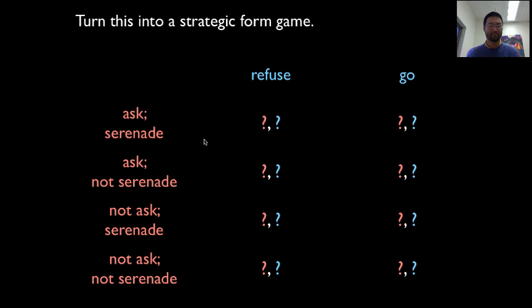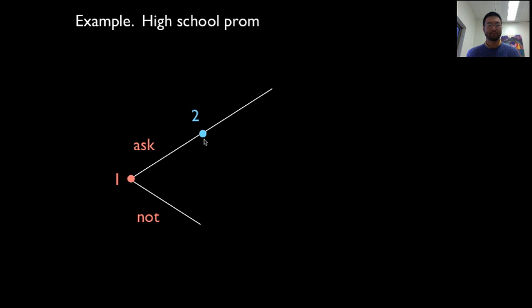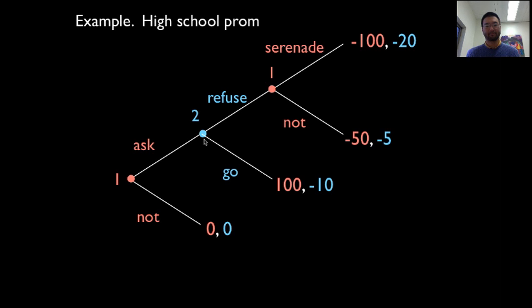Here's our game again. What we did last time so far is we turned this game into a strategic form game. How do I do that? Well, remember what a strategy is. A strategy is a complete contingent plan. 2's strategy is easy because 2 just has 1 node, so 2 either refuses or goes. But what's 1's strategy? 1 can either ask or not at this node, and also 1 can either serenade or not at this node.